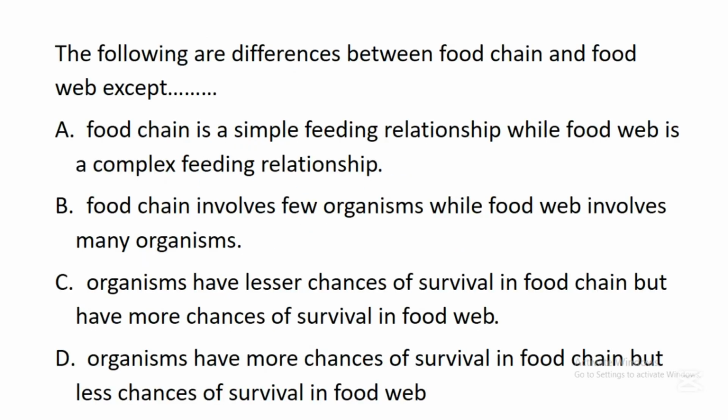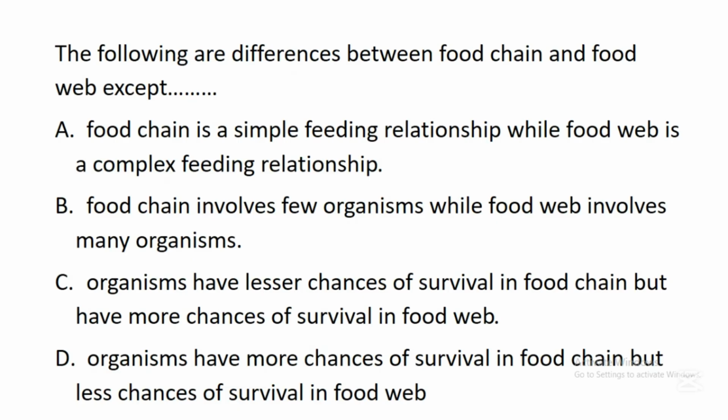The next question says, the following are differences between food chain and food web except dash. A. Food chain is a simple feeding relationship while food web is a complex feeding relationship. B. Food chain involves few organisms while food web involves many organisms. C. Organisms have lesser chances of survival in food chain but have more chances of survival in food web.